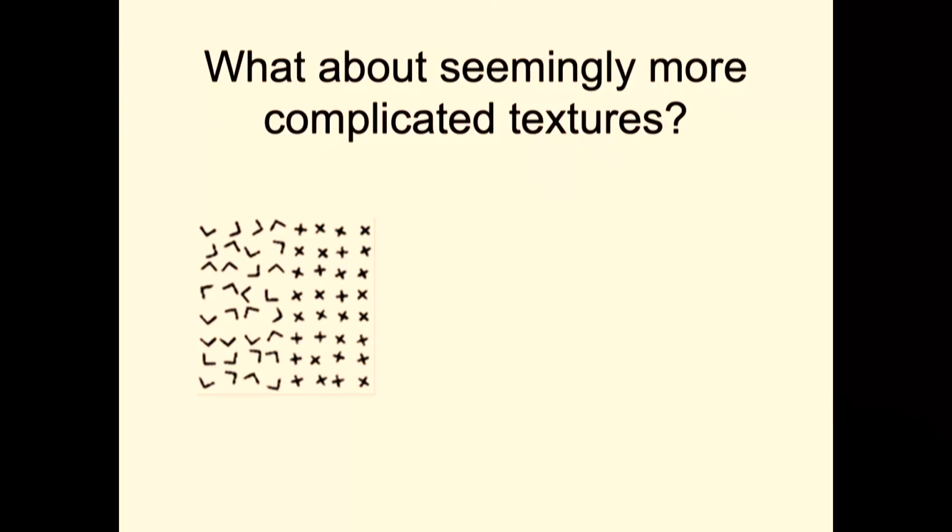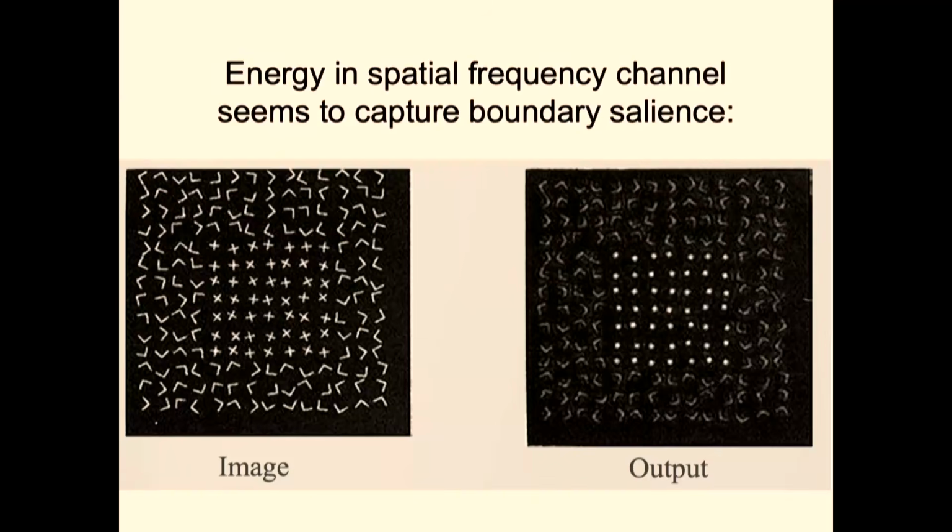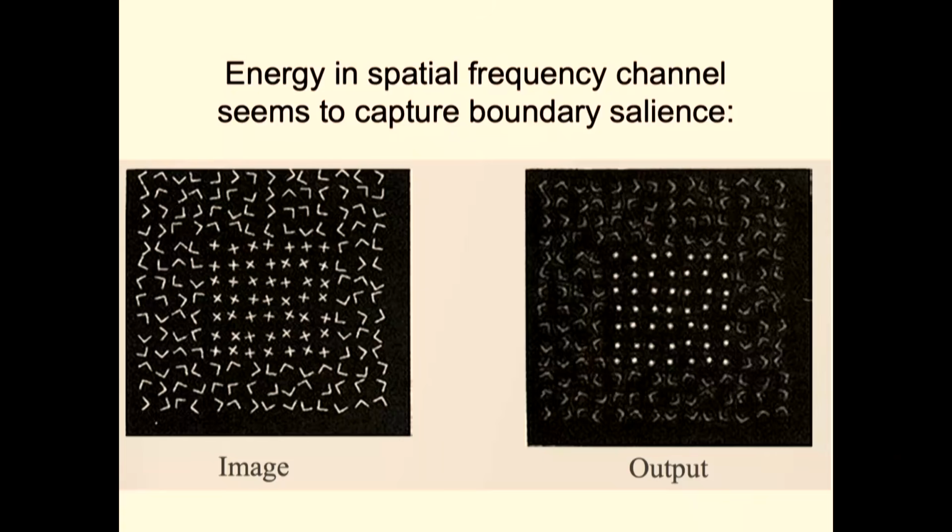Then we asked whether we could potentially account for the perception of texture boundaries in some of these more complicated textures with these similarly simple models, and saw a bunch of examples that indicate that they do a pretty good job. Specifically, we can look at a whole bunch of different images of this nature, and the extent to which you really see a salient region in the middle is mirrored by the extent to which these simple mechanisms show differences in their responses, right?